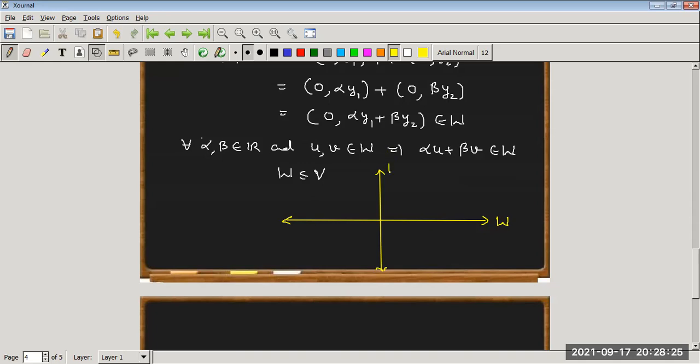In the second example, we consider W as the set of all the elements on the y-axis. Our observation is, first we focus on whether the identity element belongs to W or not. Yes, they pass through the origin. So in both cases, the vector (0, 0) belongs to W.